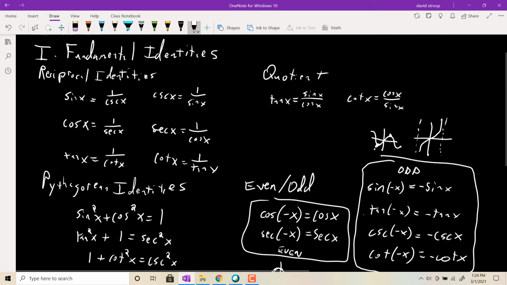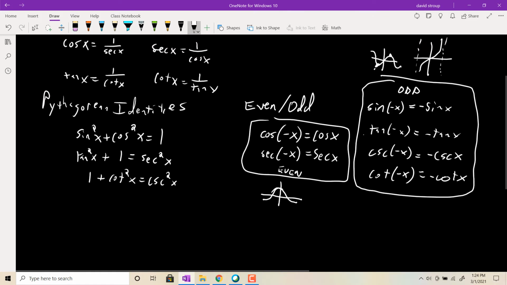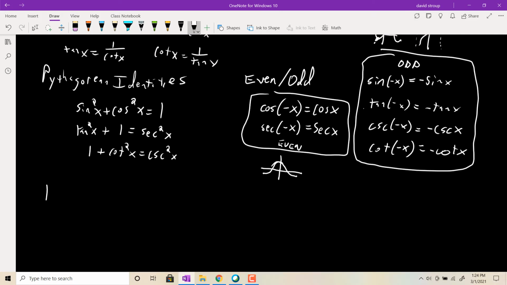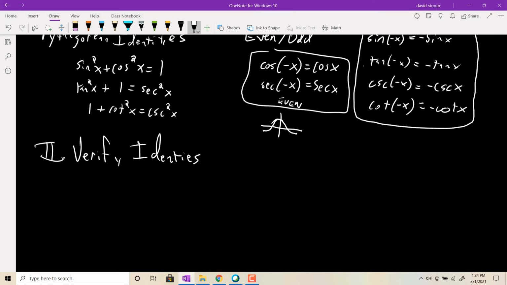Anyway, what we want to do in this section is verify identities. People often confuse this with solving equations.